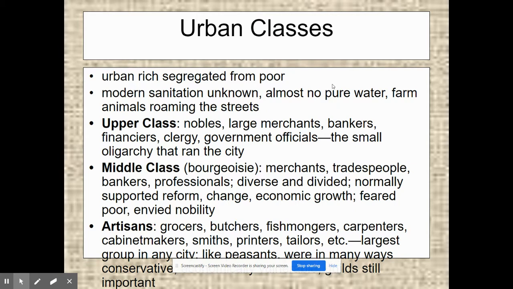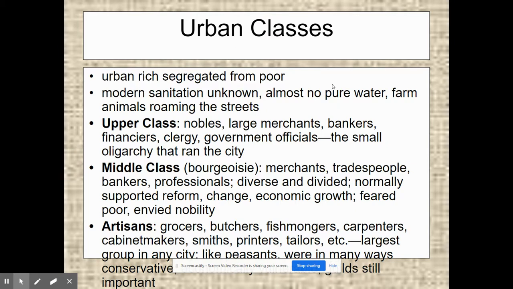Normally, they support reforms that help them, but they tend to be also very conservative, and they really don't like the poor. You're going to see this over and over, especially in the next unit or next semester, okay, is that the bourgeois, the middle class, really the reason they don't fear the upper class, they fear the lower class. And the upper class are the ones who basically run the city, right? They're the officials that run the cities.